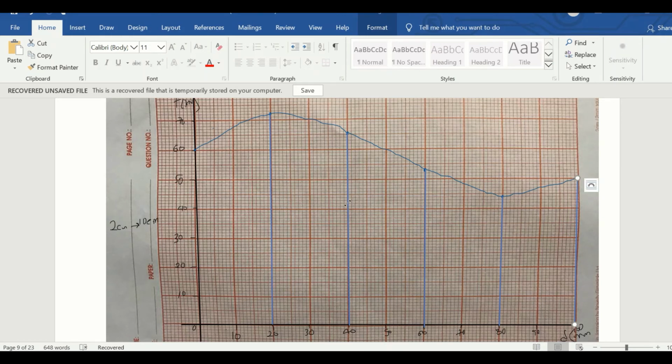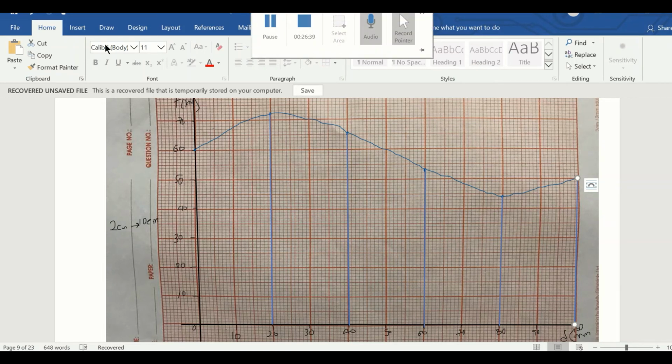So as you can see right here, I have split my x-axis into 5 equal parts. Here's 1, 2, 3, 4, 5.